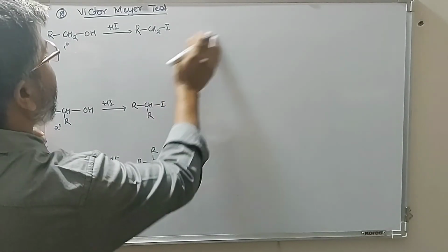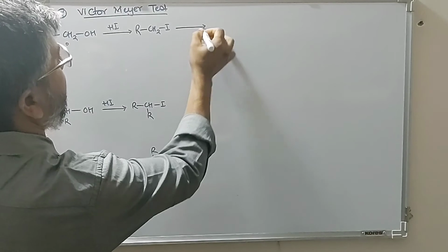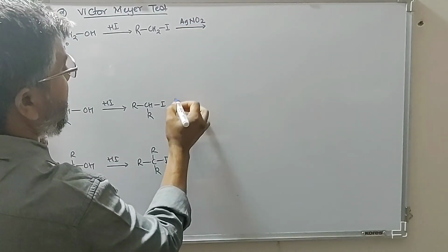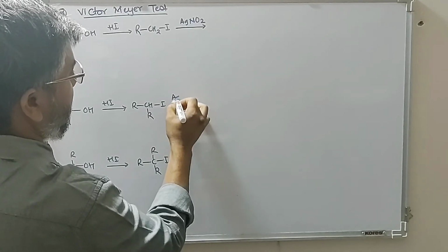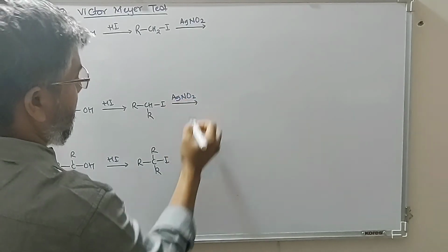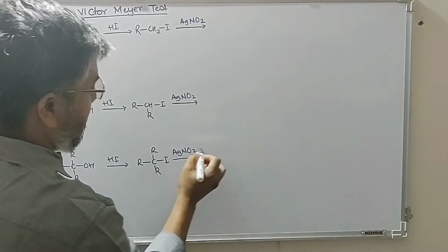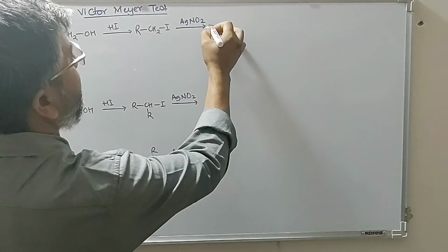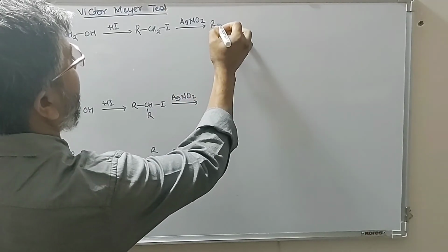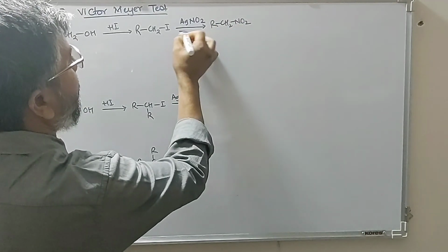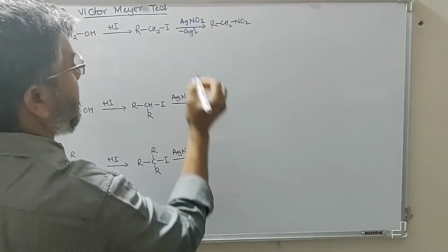In the second step, this is reacted with AgNO2, silver nitrite, which gives you nitroalkane, RCH2NO2, minus AgI.